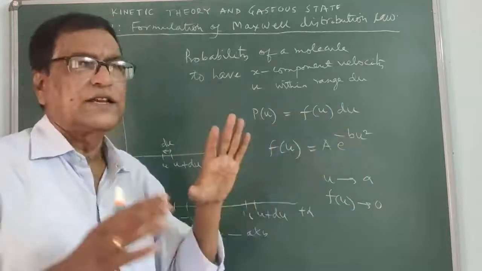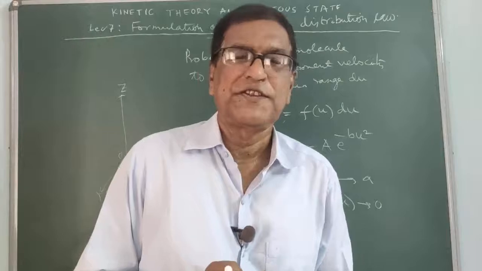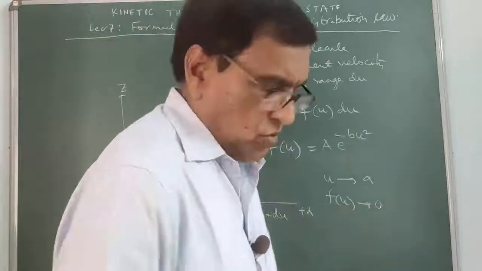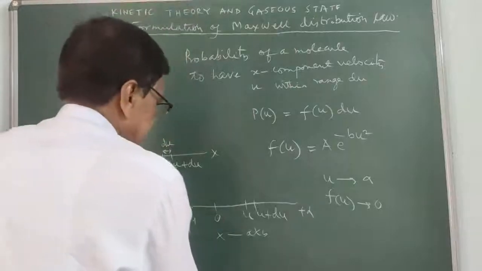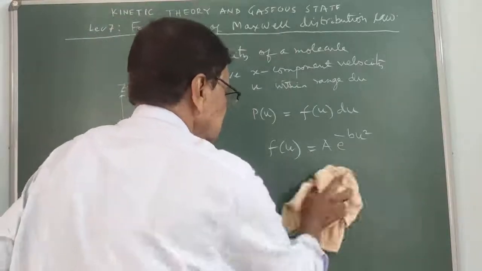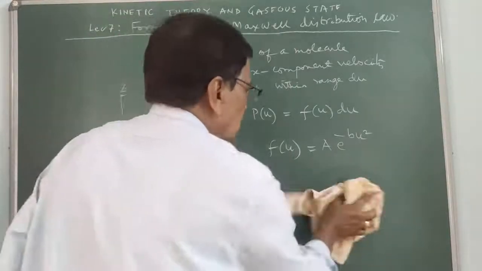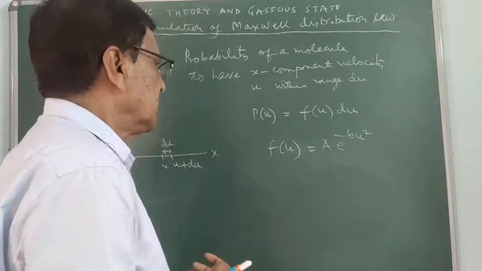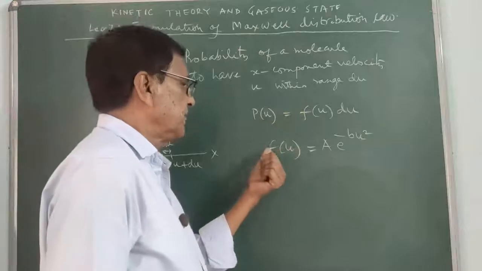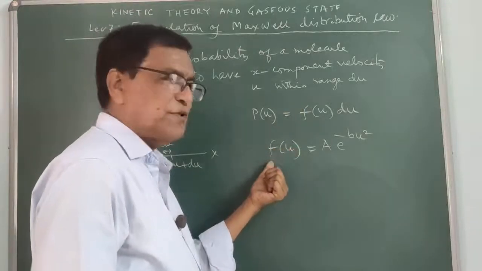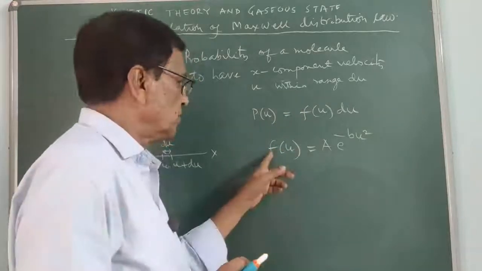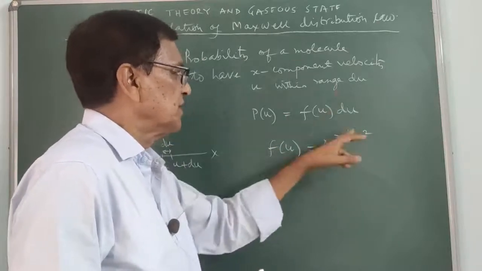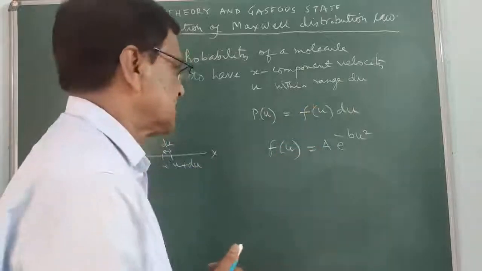A and B are constants that depend on the nature of the gas molecules and the temperature. It could be shown, but for an elementary idea we have decided the x component velocity distribution function is A e to the power minus b u squared, where A and b are constants.